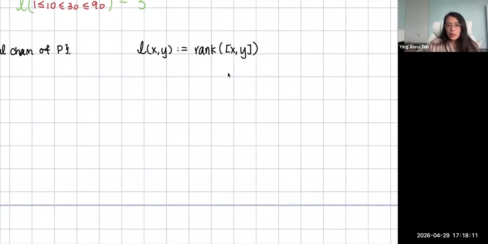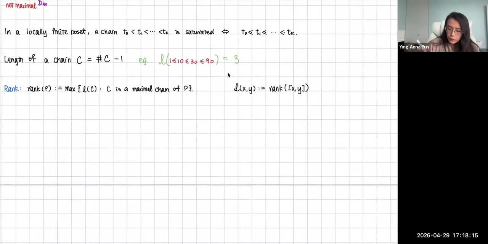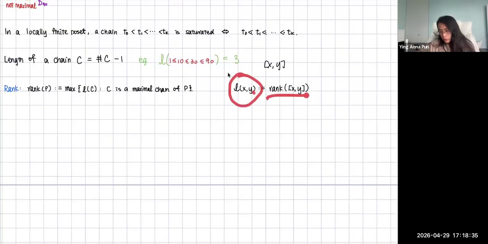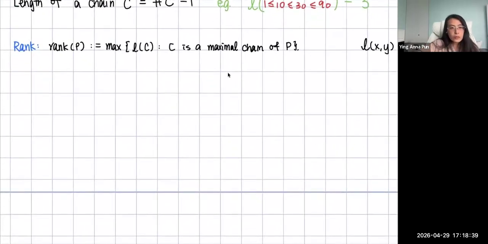I'm just trying to tell you that in some notation, you have the length of a chain versus the length of two elements. The length of two elements is saying that if these two are comparable, they give you a subposet, the interval. So XY is an interval here. And if you have a subposet, then you can talk about a rank. So that's kind of an abuse of notation.